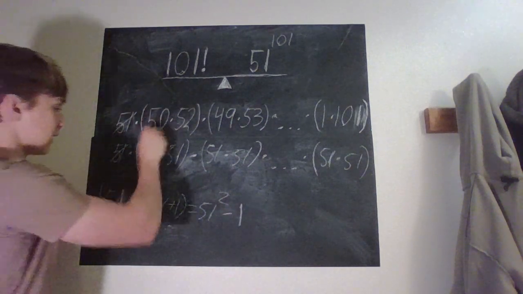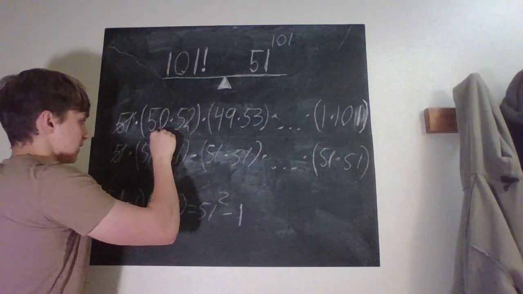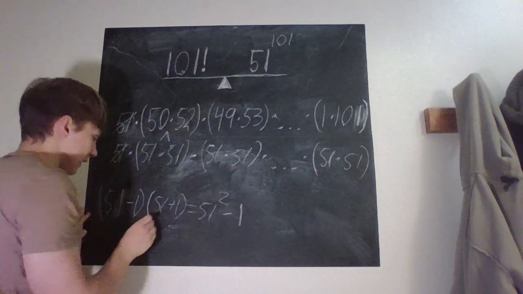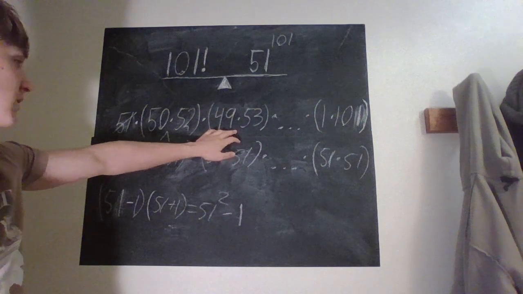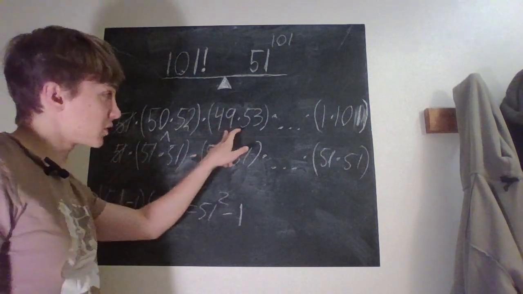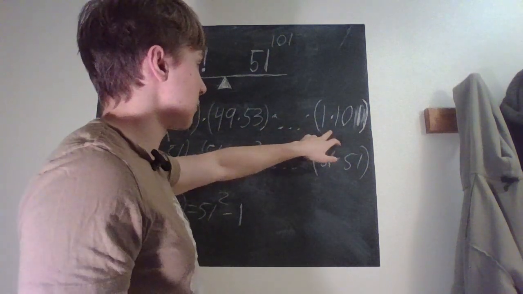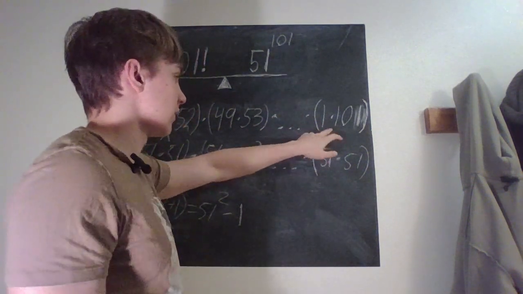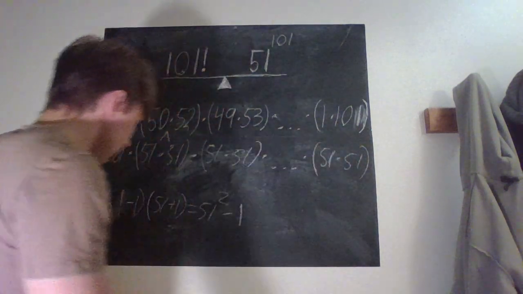So we know that this thing here is bigger than that, and this works for any number, because all we have here are parentheses. Okay, we have 51 minus 2 times 51 plus 2, and here we have 51 and all the way up to 51 minus 50 times 51 plus 50.